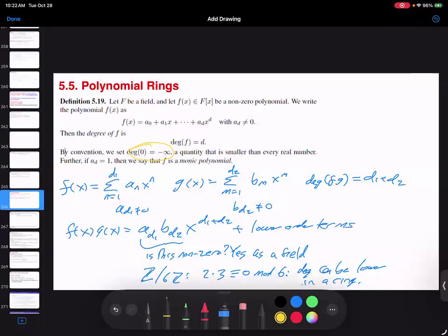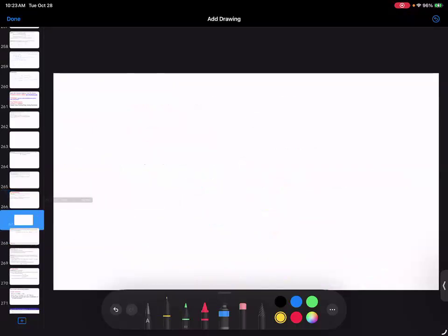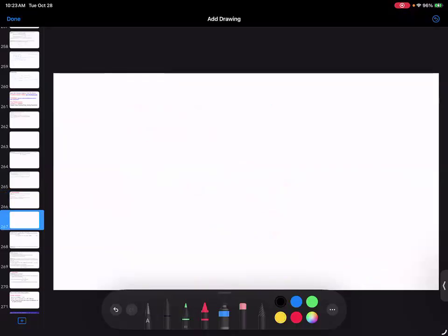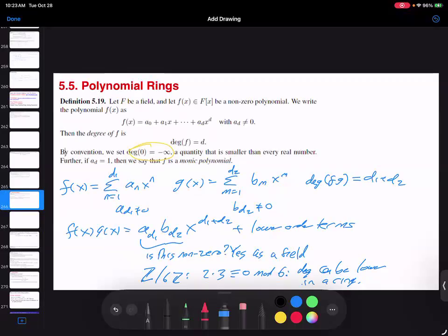Maybe if you're doing arithmetic with degrees, you would want the degree of 0 to be lower than all possible additions of degrees. Okay. So what property do you want the degree of f times g to satisfy? The degree of a product, we just answered it here, right?